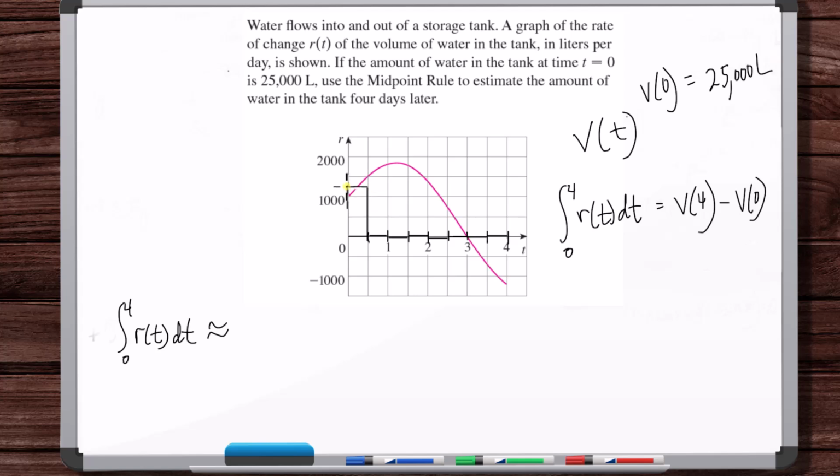there's that rectangle. Okay, here it would be, not the left endpoint, not the right endpoint, right in the middle there. See? Here would be right at that peak point. Okay, here it's like right there.